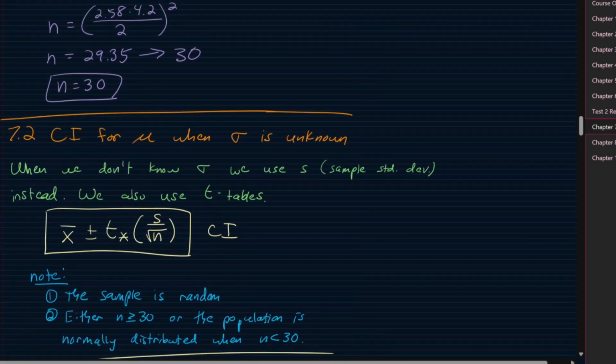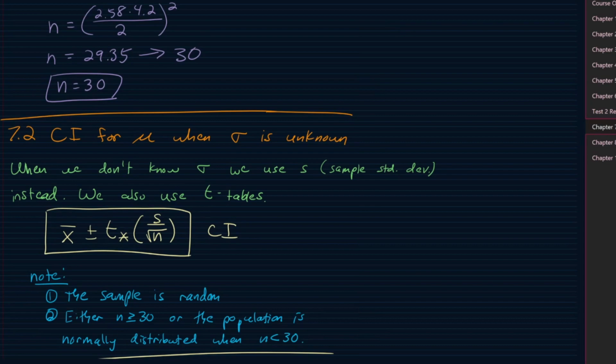Okay, and hope that's good for 7.1. 7.2, this is when we don't know the population standard deviation. So we use our best guess, which is the sample standard deviation, S. And additionally, we also don't use the Z tables.